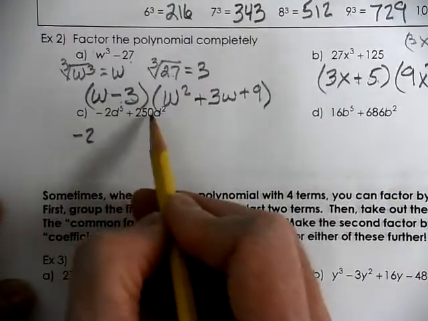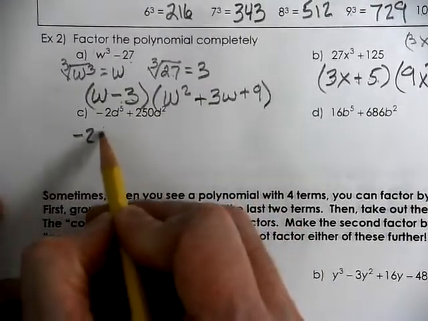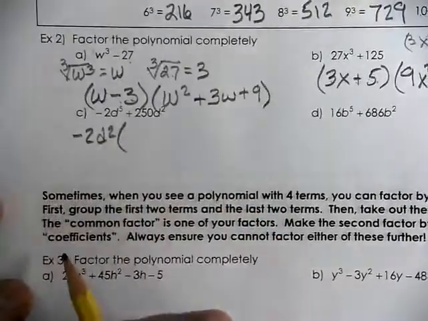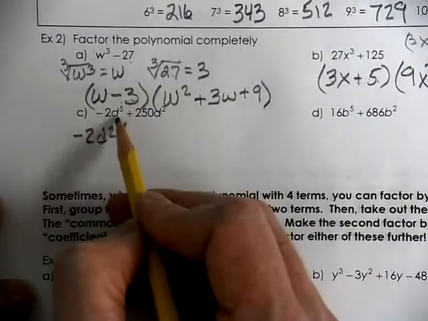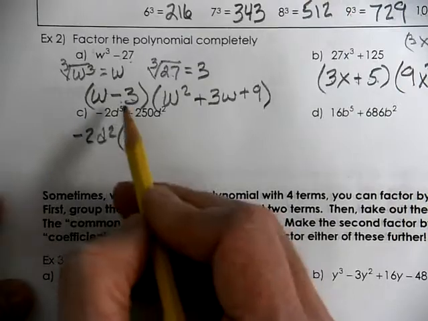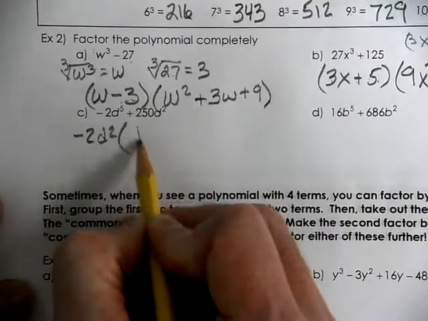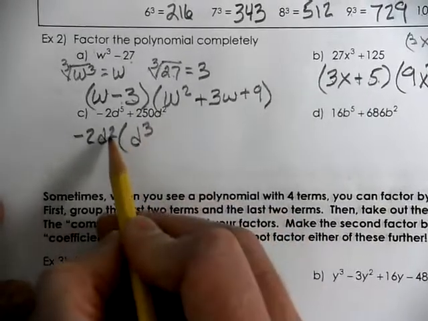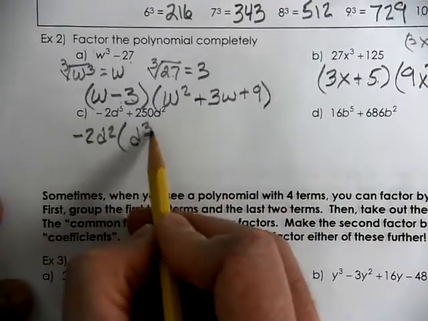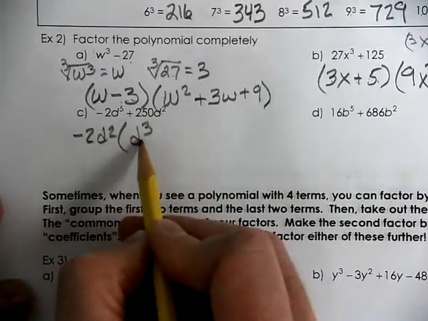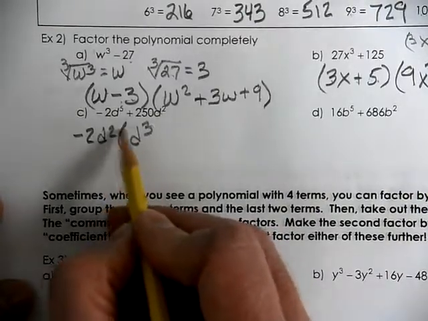And my lower exponent is a square. So I'm going to pull out a d squared. That's going to leave me with some left inside. What's going to be left in this first term? D cubed. 2 d's and 3 d's. When you multiply the d's, you add exponents.